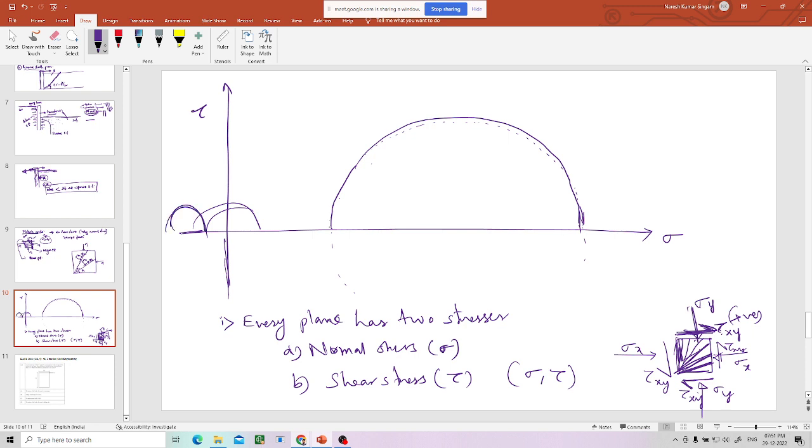It is just based on the signs of stresses. If compressive is positive, then it will be the first quadrant. If tension is negative, it will be the second quadrant. If sigma x is compressive and sigma y is, let us say, tension, then one point will be here, and one point will be on that side. Just that.